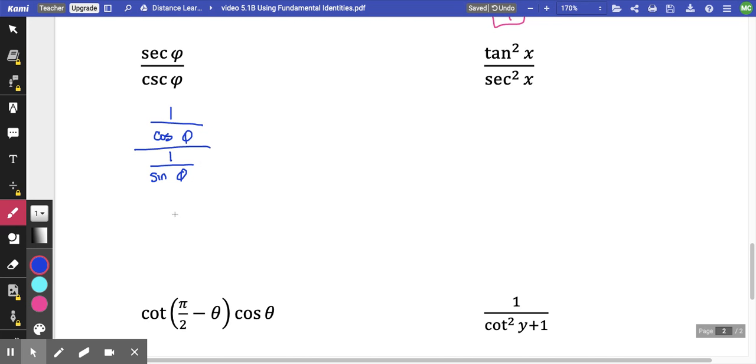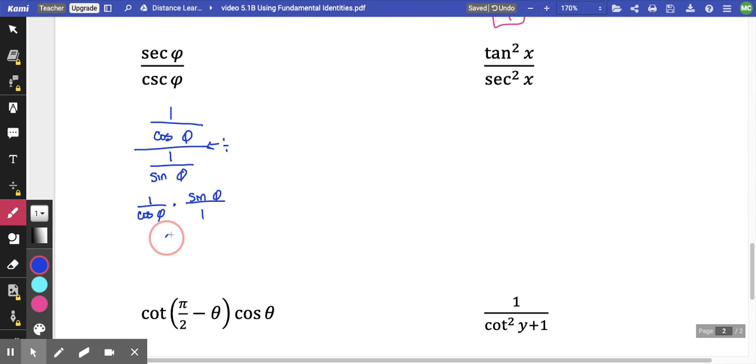And so now I've got this compound fraction to deal with here. For the compound fraction, I'm going to treat this like it's a division sign, because it is. And then it just becomes dividing fractions, which is handled by multiplying by the reciprocal of the second one. So now if I were to multiply these together, multiplying fractions, you just go straight across.